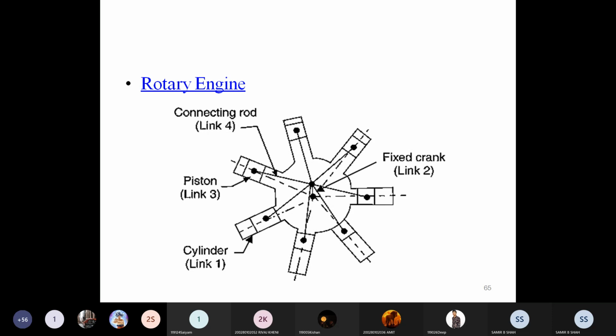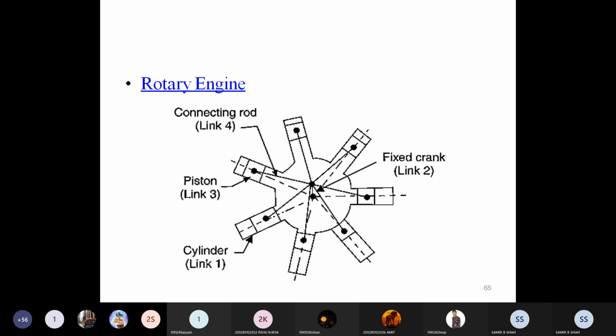You can see here that this link is fixed, link 2, while all these are considered as cylinders. Link 4 is known as the connecting rod, while link 3 is the piston.